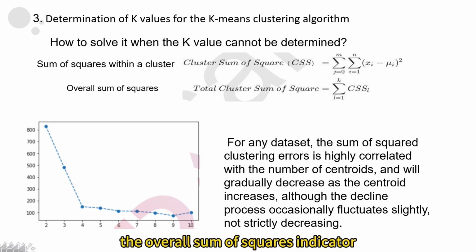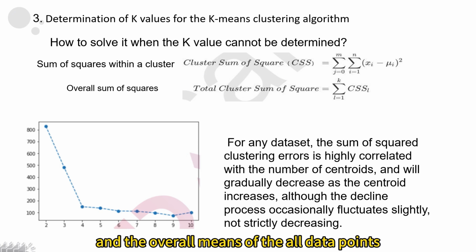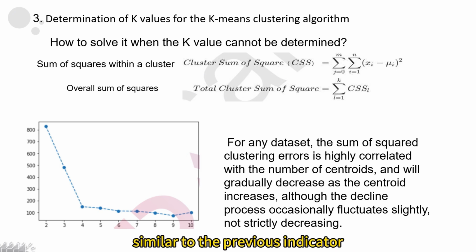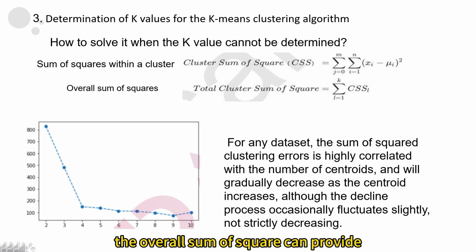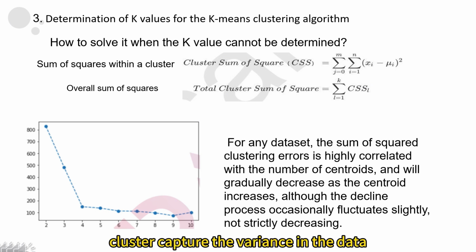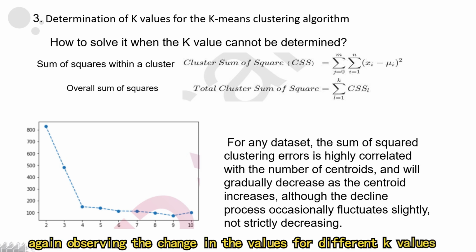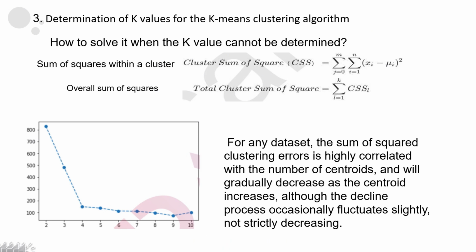The overall sum of squares indicator calculates the total squared distance between each data point and the overall mean of all data points. Similar to the previous indicator, the overall sum of squares can provide insight into how well the clusters capture the variance in the data. Again, observing the change in the values for different k values can help determine the approximate number of clusters.